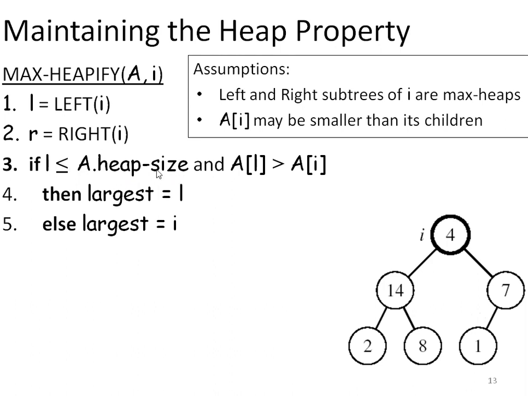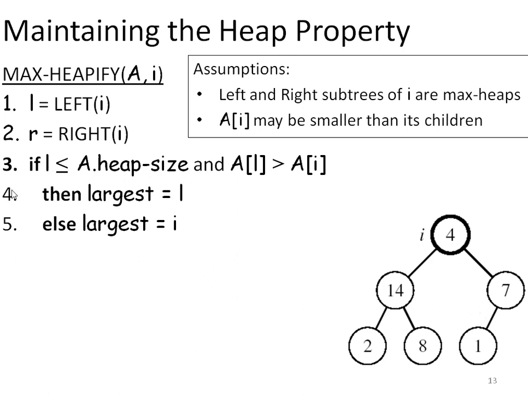If it is a part of the heap, then only I'll compare the value of the left child with the value of I. If both conditions are satisfied, then we store the index position L in the largest variable. If either of the two conditions is not satisfied, because we are using AND, then line number 4 will not be executed and the else part will be executed. So largest will be initialized to the index value I.